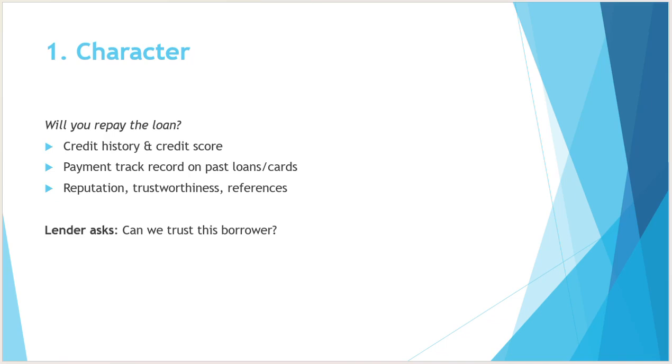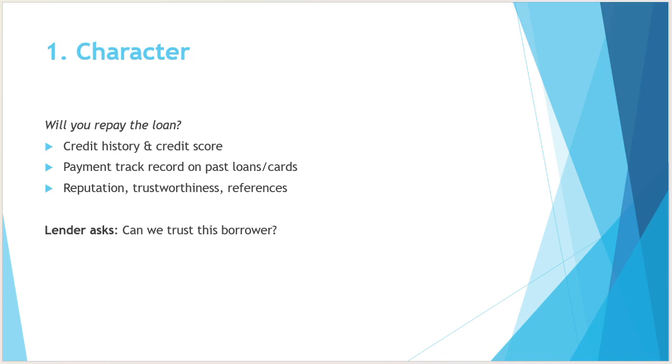The credit history, credit score, and credit rating of that borrower will be checked. There are agencies like S&P, CRISIL, or Moody's. These are the credit rating agencies that provide the credit rating of the borrower. Then the payment track record on past loans.